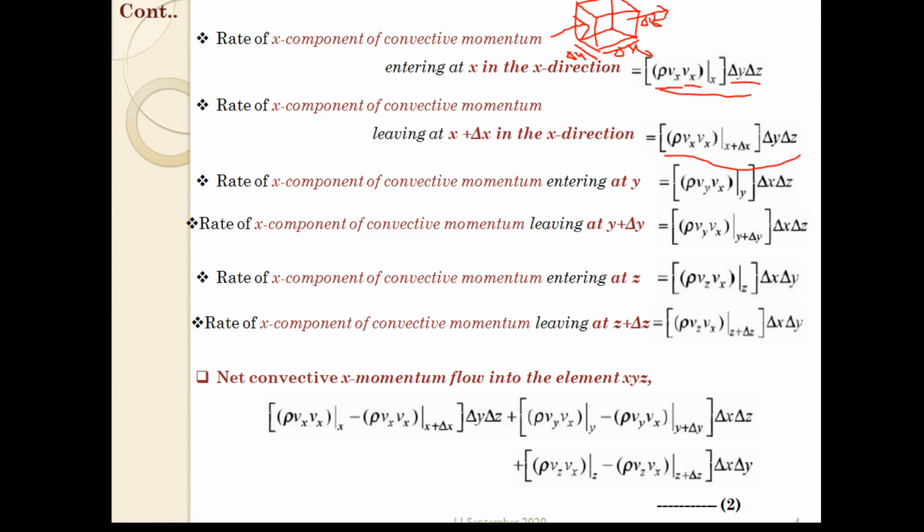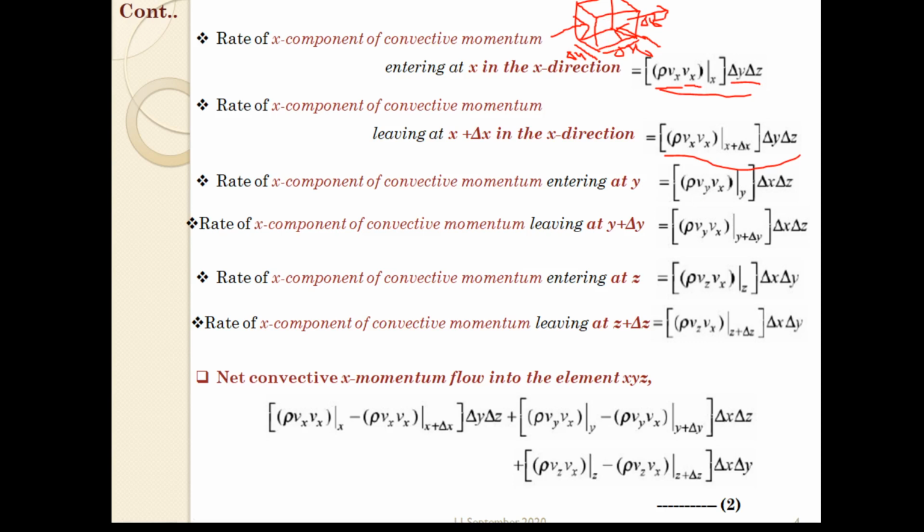Now similarly, the rate of x component of convective momentum entering at the y phase, through this face: what is the area of this face? The area will be del x into del z.